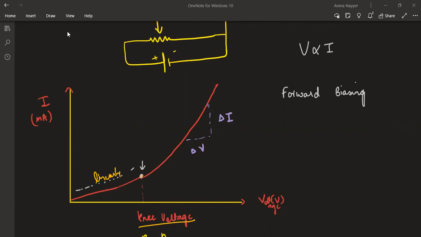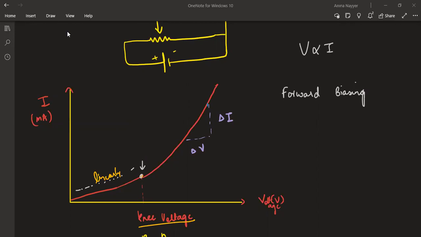So here, what happens initially, the current increases very slowly, almost negligibly. Till the voltage across the diode crosses a certain value, this is known as threshold voltage, knee voltage, cut-in voltage, all these names are given. I'll give you an example for a germanium diode, it is 0.2 volt.